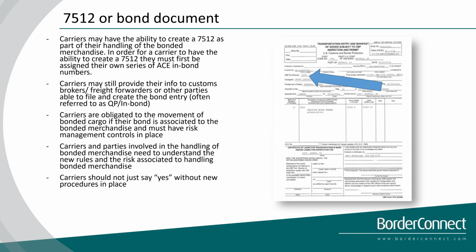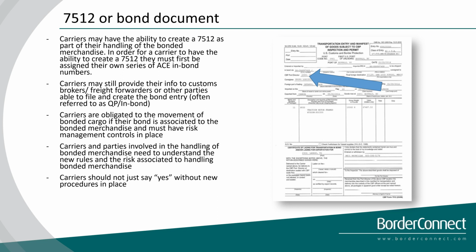In order for a carrier to have that ability, they need to first be assigned their own series of ACE in-bond numbers. So if you're a bonded carrier moving that merchandise, you can actually apply at a port of entry. There is a process where you can get your own series of ACE in-bond numbers, which would be considered the entry number now on that 7512.